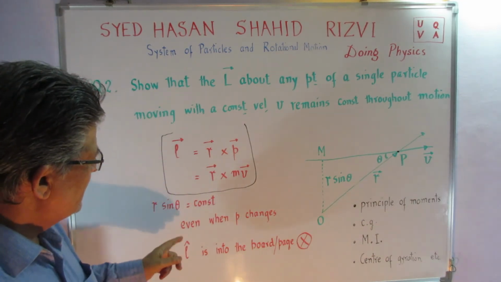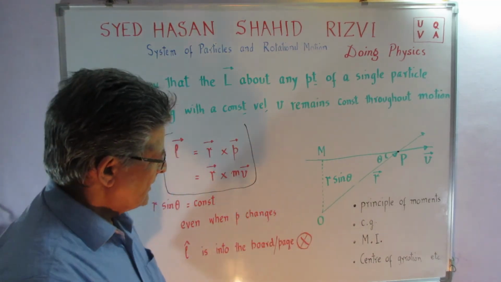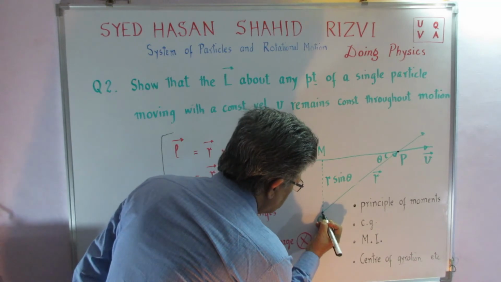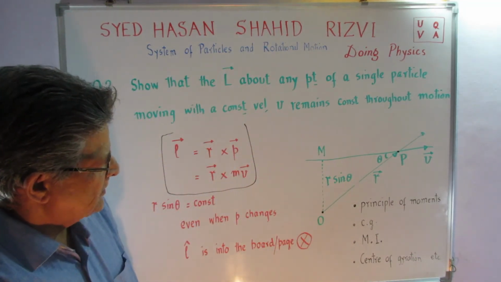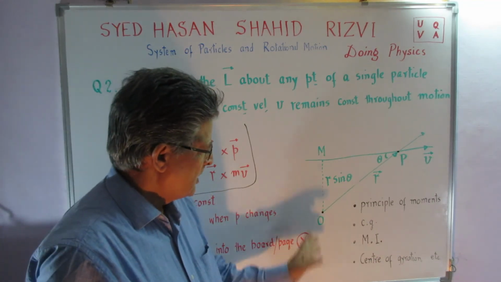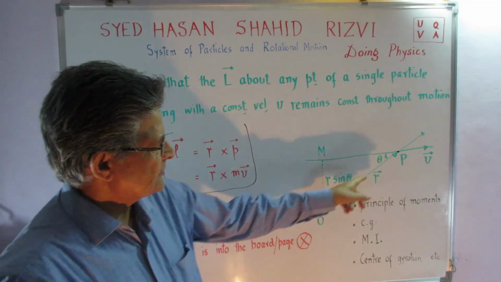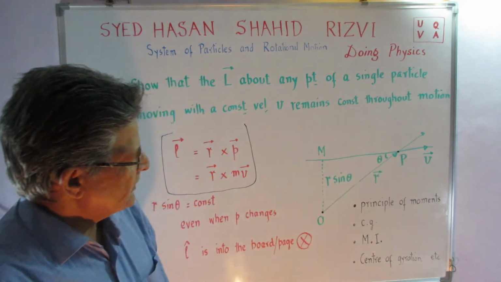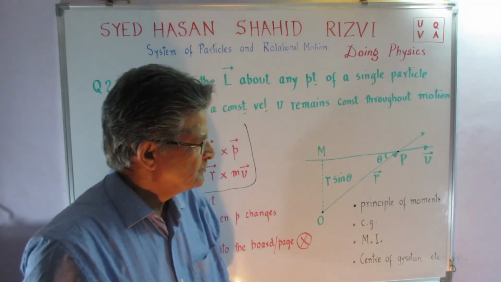Of course, this will remain constant, as can be seen from here. This is the point O, about which you have to find the angular momentum. You can see that this is r, and this is the direction of v.